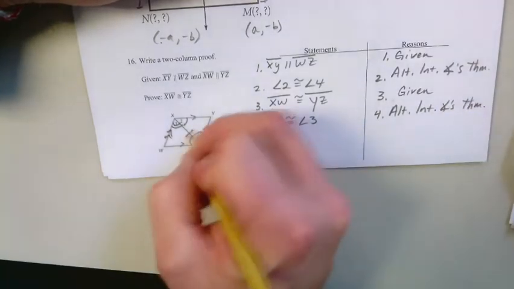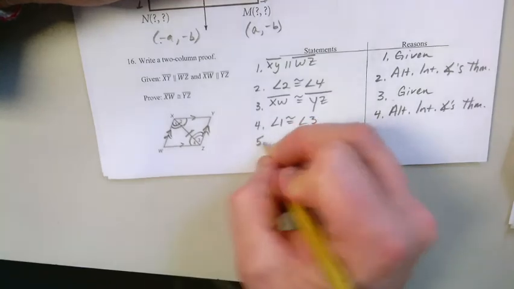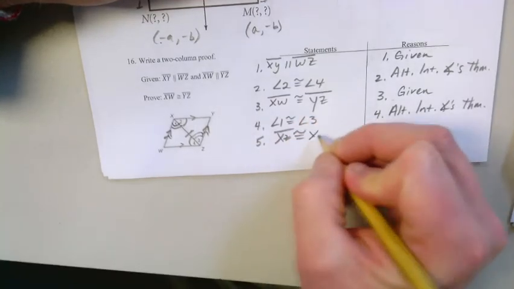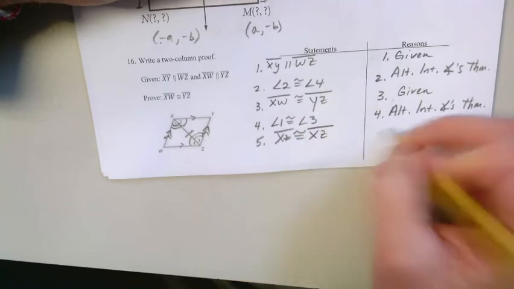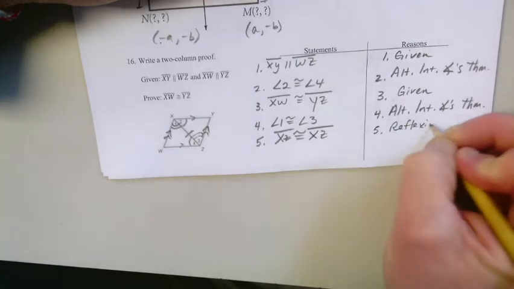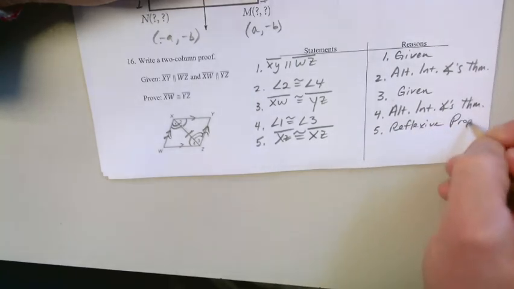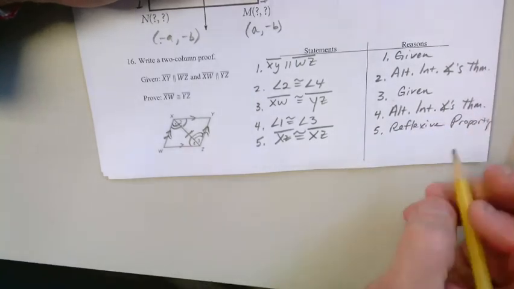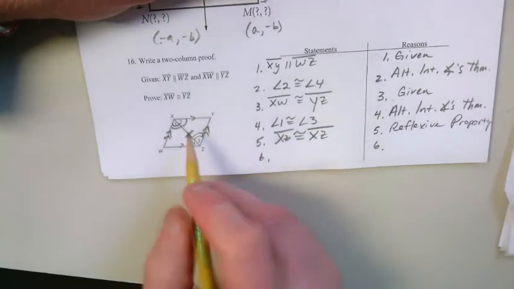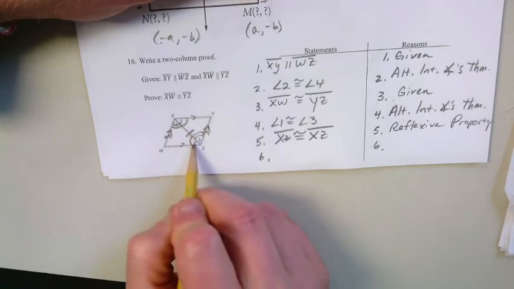Okay, we also have the reflexive property taking place here. So XZ is congruent to XZ.